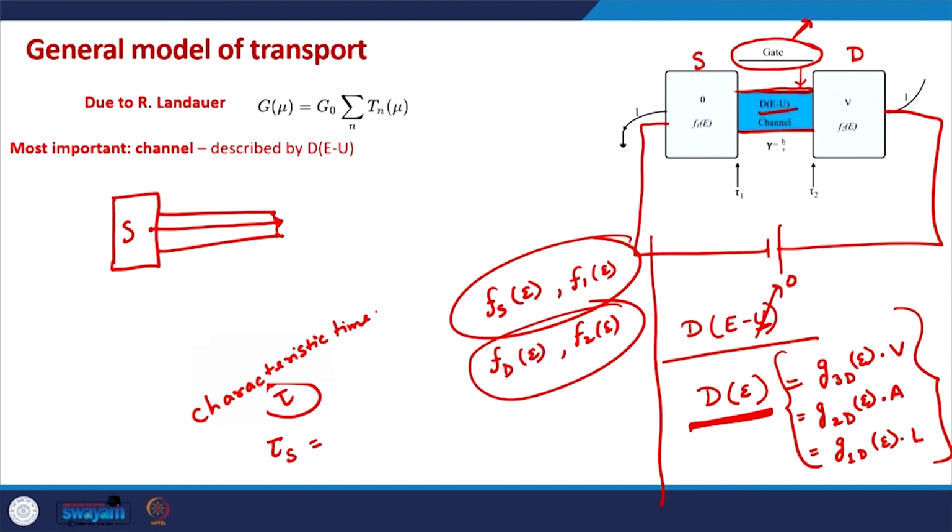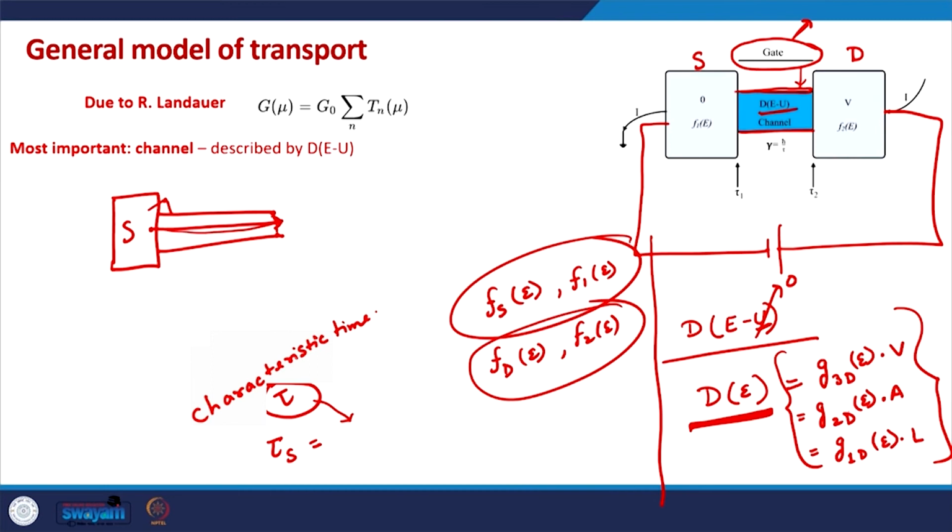This time tau, the characteristic time, essentially models the interaction between the contact and the channel, and also takes into account the travel time in the channel. So, it is not just the characteristic time of the contact, it is the characteristic time of the channel plus that contact.